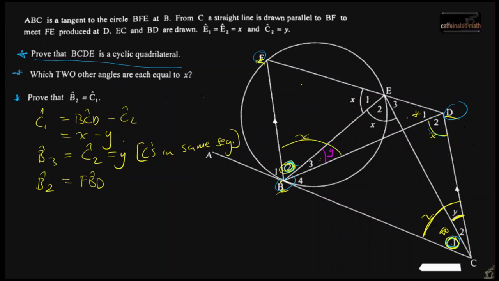Okay, so take the small one and then I subtract this angle y. So angle B3. Reasons required over there. And well, we do have those values and they end up being x minus y as well. Therefore, or thusly, B2 is equal to angle C1. Both of them being equal to x minus y.